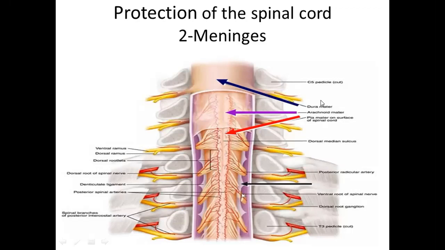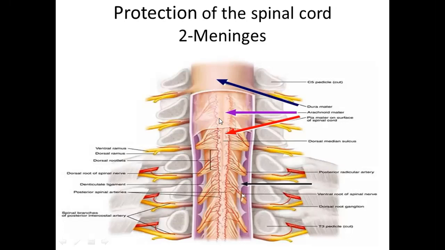Under the dura mater is the arachnoid mater. And lastly, attached to the nervous tissue of the spinal cord is the pia mater. So we have three layers of the meninges from outside: dura, then arachnoid, and lastly pia mater, completely covering the spinal cord and providing protection to it.